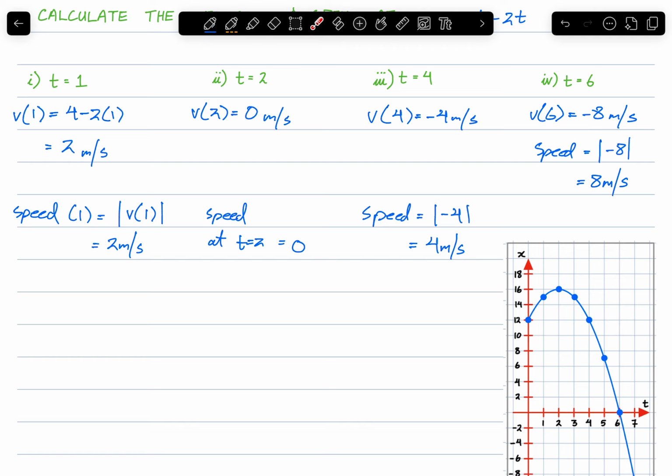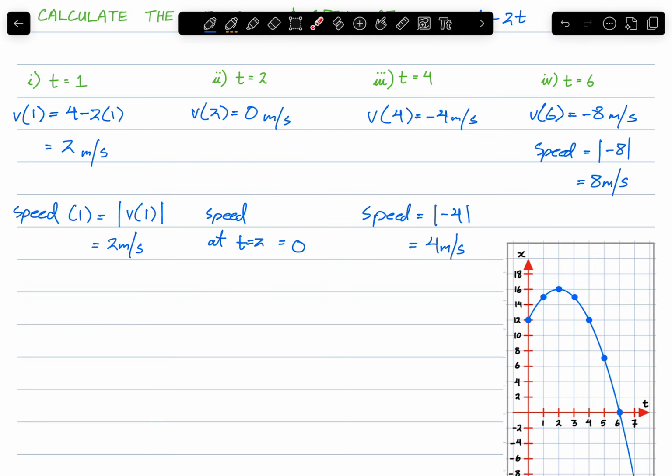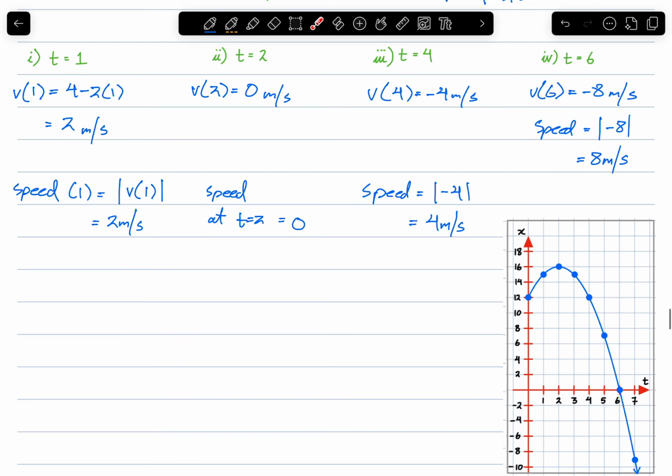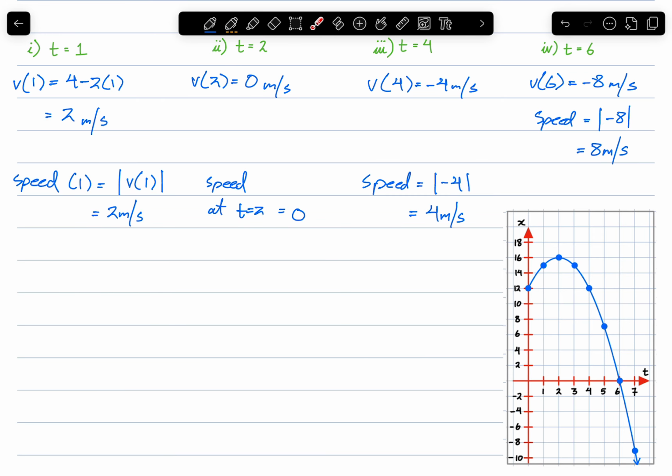And again, here we go with the idea of perspective. With velocity, we are describing what's happening to the particle from a third person perspective. But with speed, like distance, we need to, as best we can, imagine we're sitting in the particle, or we are the particle at 1 second.